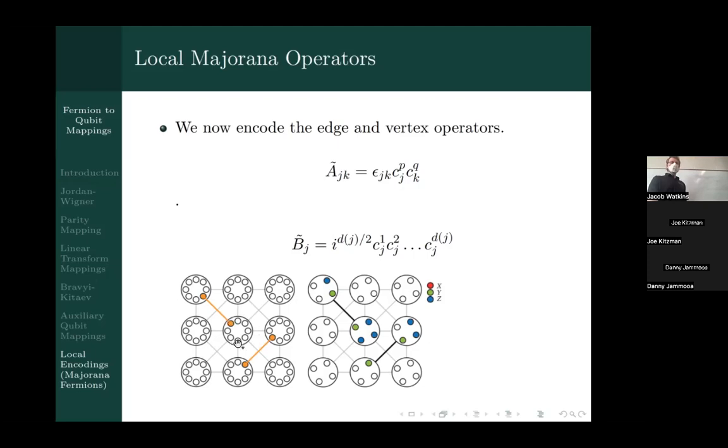If you just look at this particular fermion vertex, we see that there are 8 local Majorana modes. Each one corresponds to an edge connecting it to a neighboring fermion.